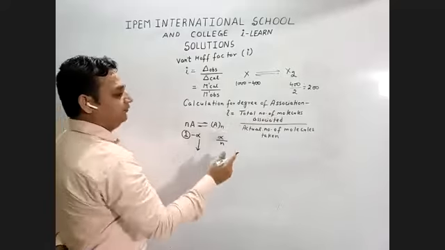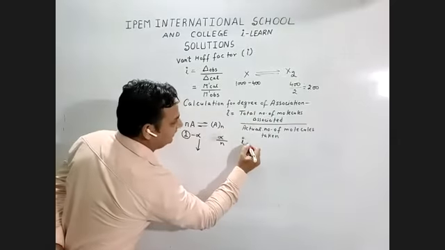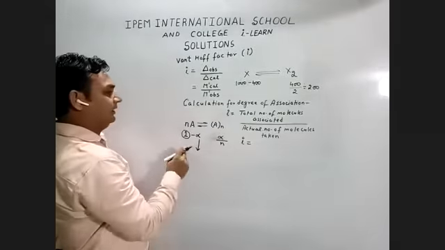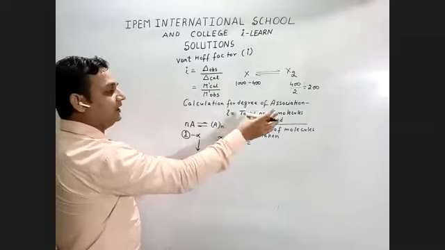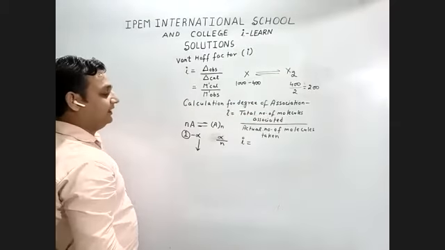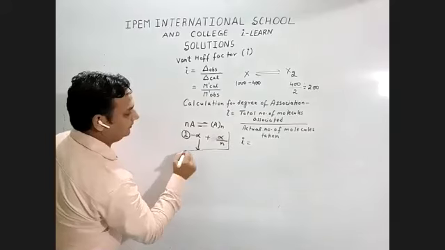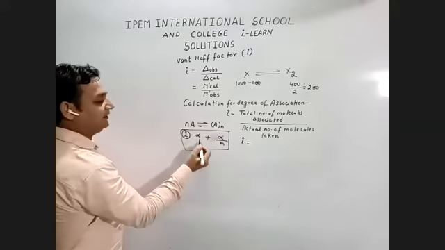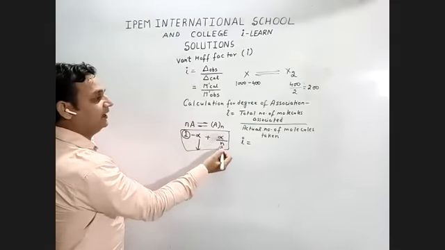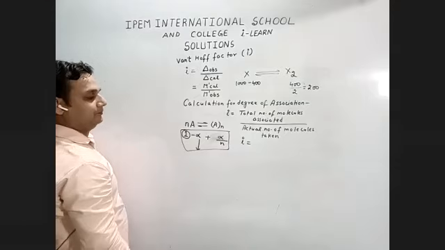To put this in the i formula, what will be the total number of molecules after association? 1 minus alpha plus alpha upon n.